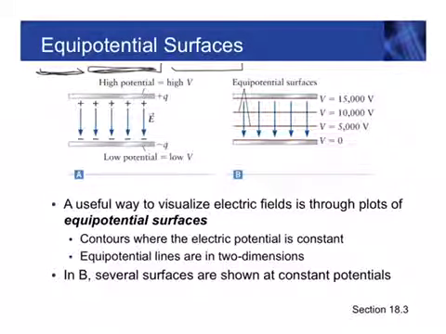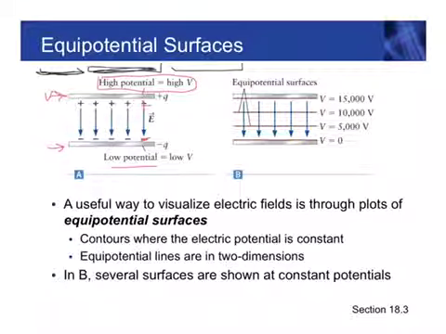Consider this example, a capacitor. One plate has positive charge, second plate has negative charge. Electric field goes from top to bottom, from plus to minus, and that also means a low potential over here, negative, and this has high potential. Equipotential surfaces are going to look like that.